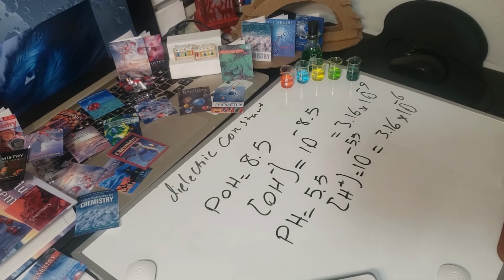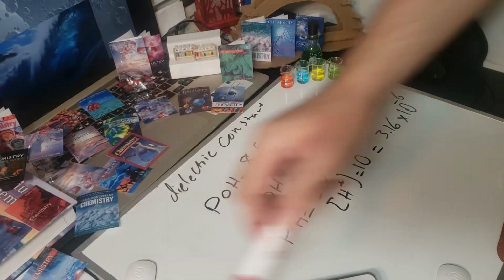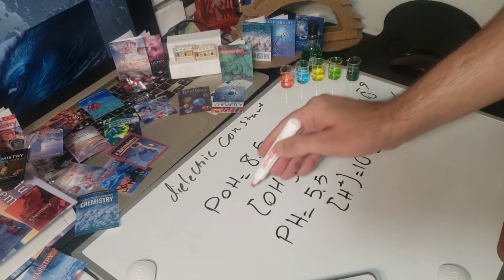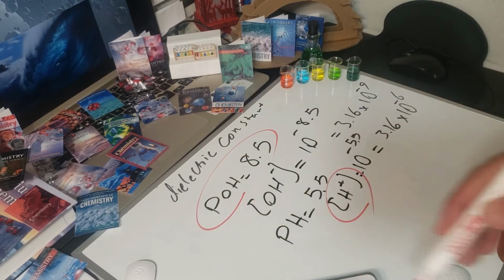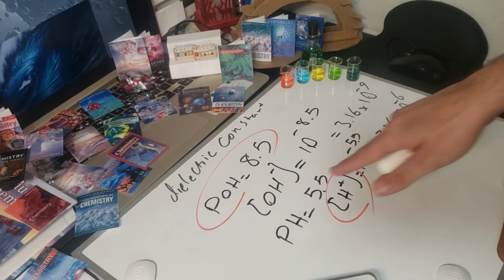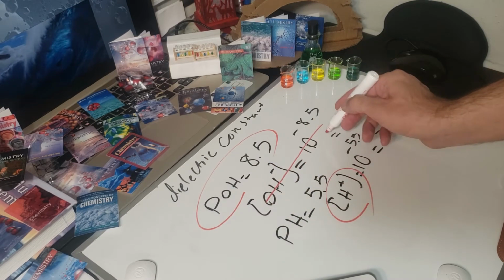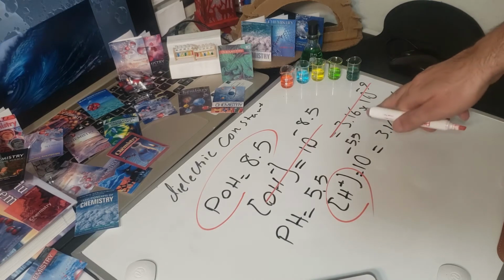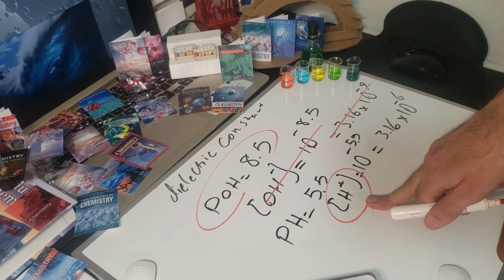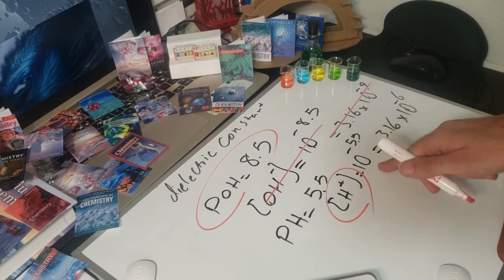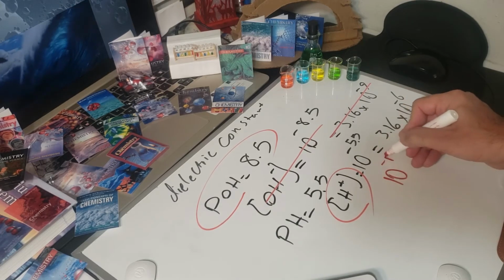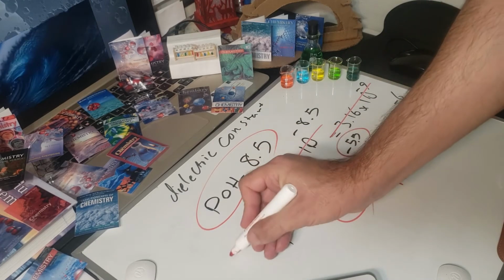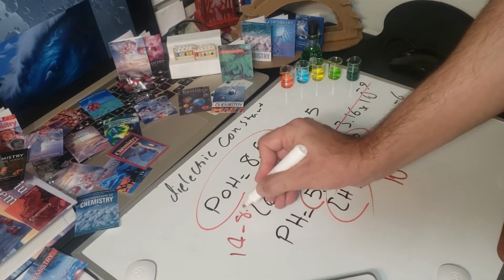So there's a trick that I want to show you here. If the problem from the very beginning gave you the pOH and asked for the concentration of H+, it's not necessary to do this step, because it's not going to help. It's going to take your time to calculate this, while the problem is only interested in this. To do that, you know that you need 10 to the minus pH, so you need the pH first, and that's simply 14 minus 8.5.